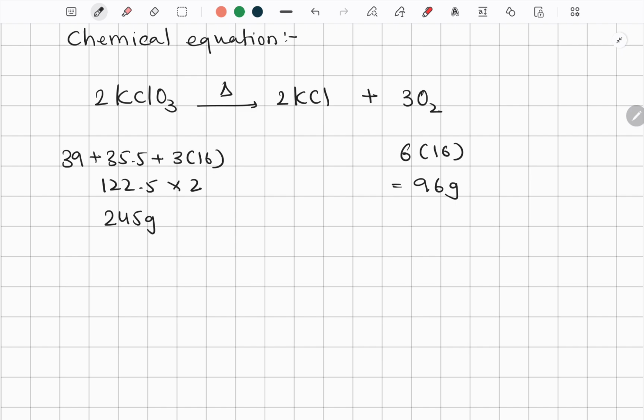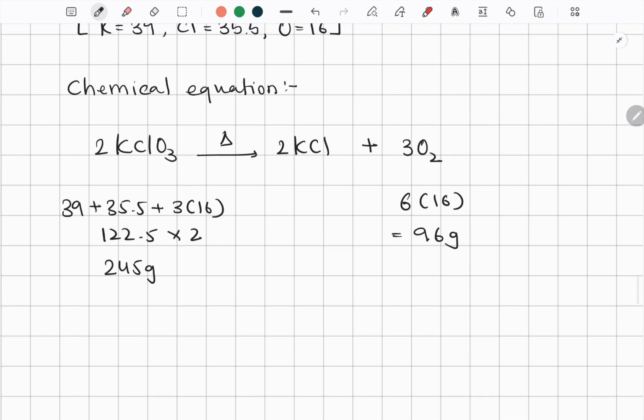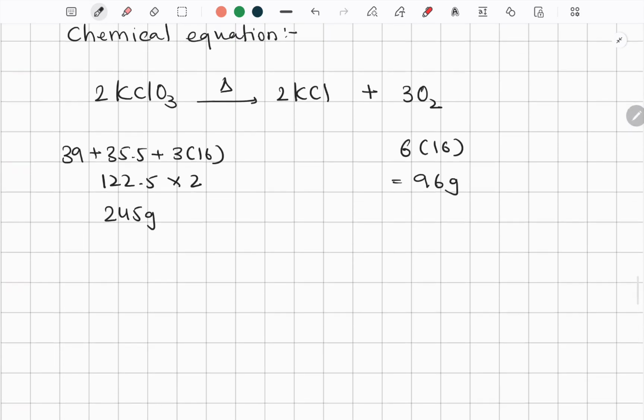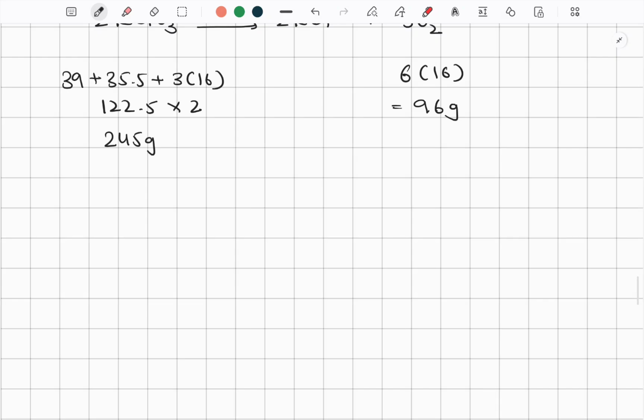So first, the balanced chemical equation. Second, calculation of molecular weight. Third, use the unitary method. In the unitary method we have KClO3 and oxygen: 245 gram of KClO3 gives 96 gram of oxygen.